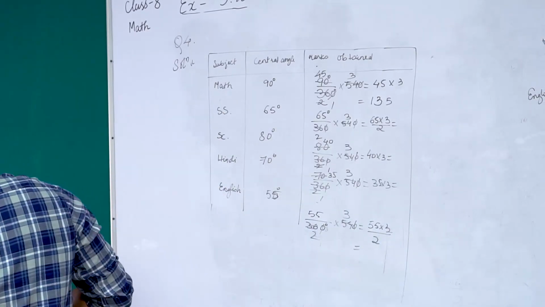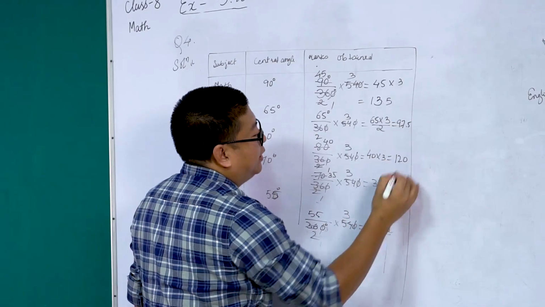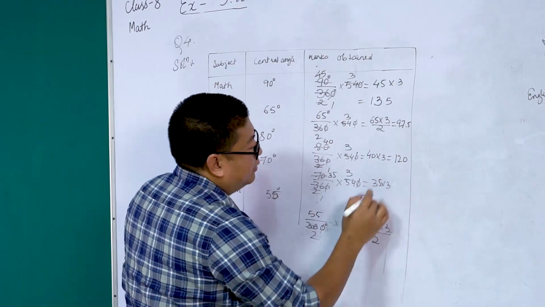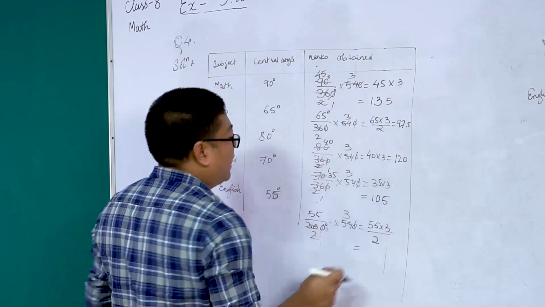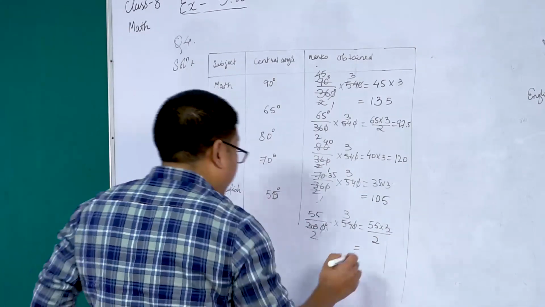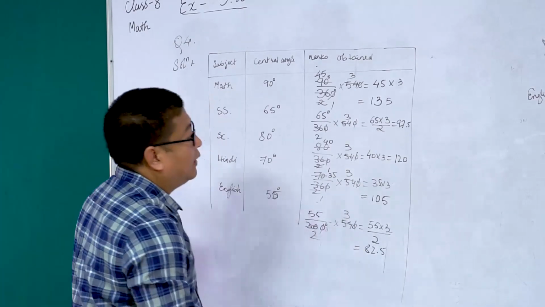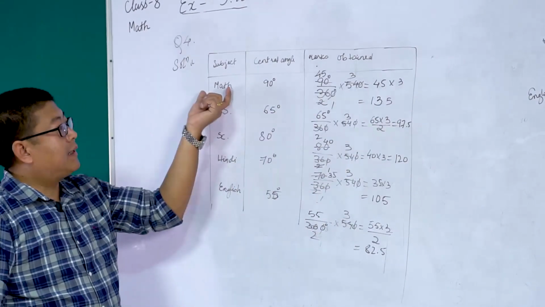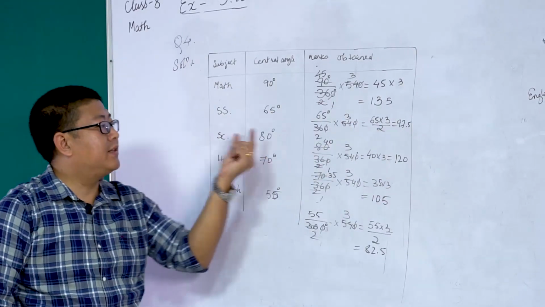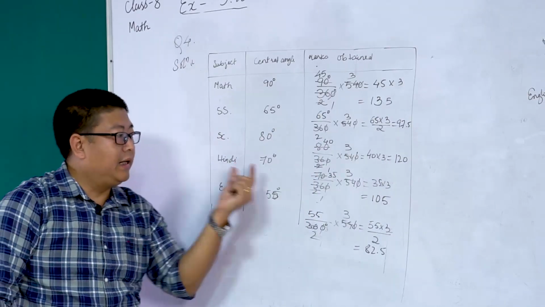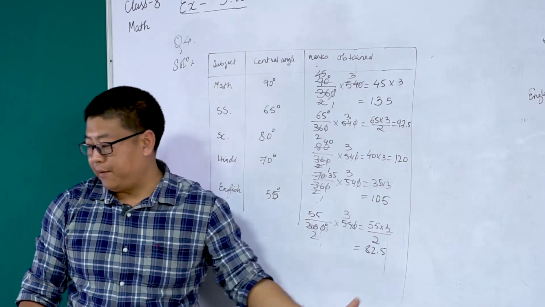So when you calculate, here you're going to get 97.5, here you're going to get 120, here 105, and here when you multiply and divide by 2, you're going to get 82.5. All right, so in math he got 135, in SS he got 97.5, in science he got 120, in Hindi the student got 105, in English the student got 82.5.